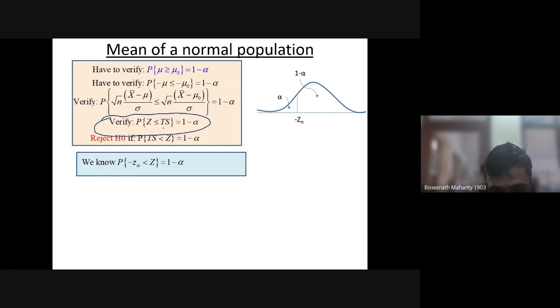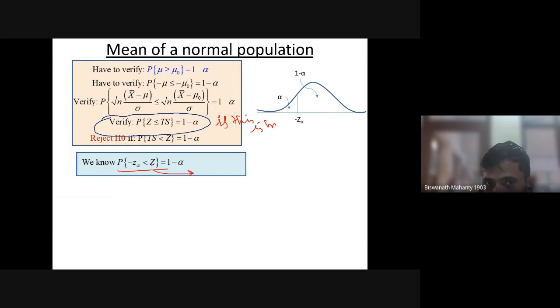What is the possibility? Listen very carefully. This is definitely true. It does not require any test. And Z is less than TS. If this is true, I'll give you one very simple example. I'm saying Z is less than some number, and then I'm telling some number is less than that number.